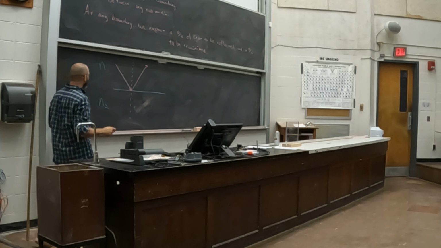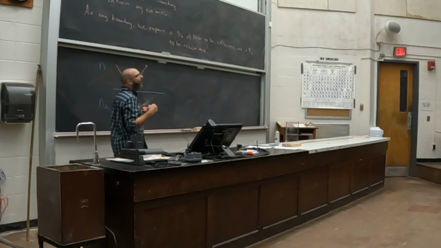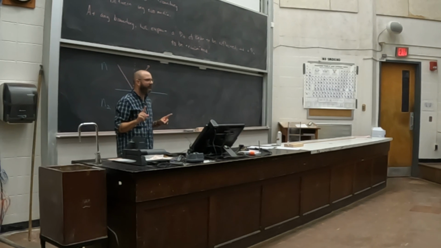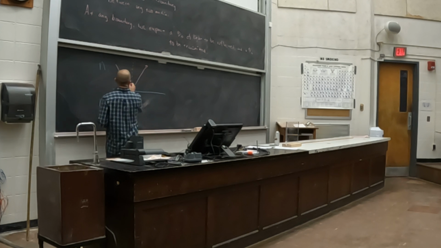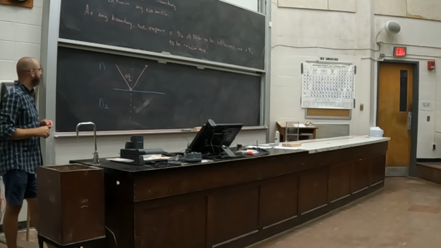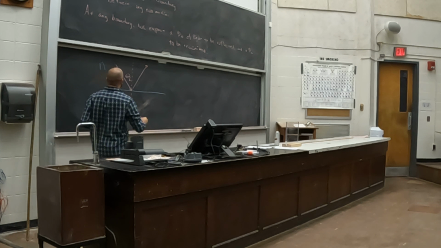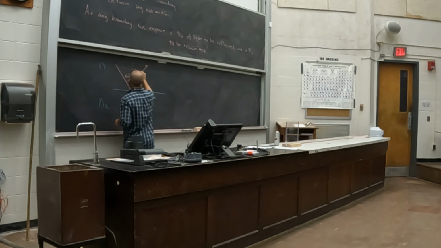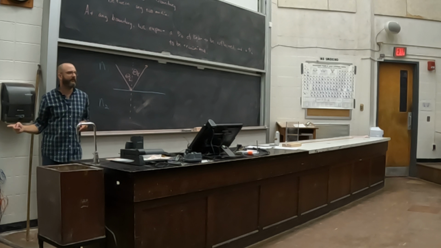So notice there is an angle, and this is always defined with respect to the normal. There's an angle here, which I'll call theta I for incident. There's an angle here, which I'll call theta R for reflected.